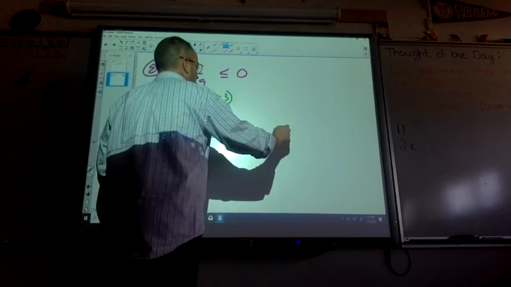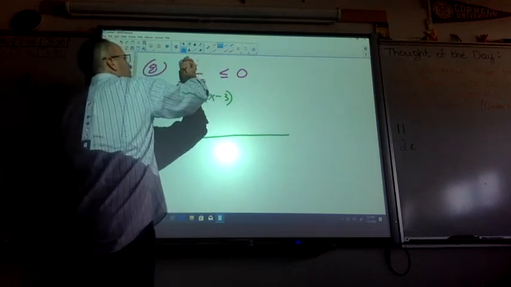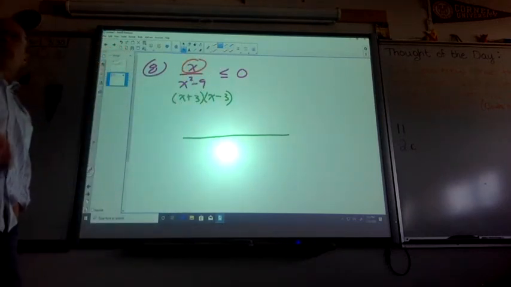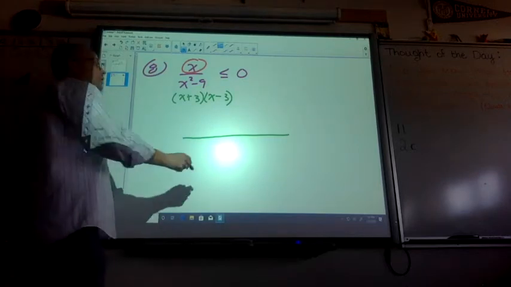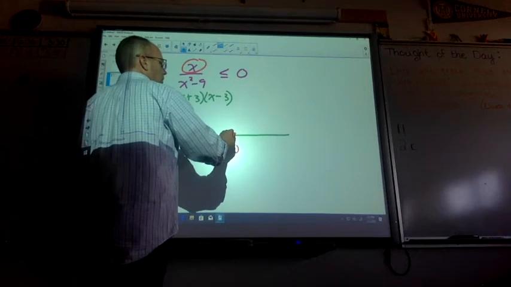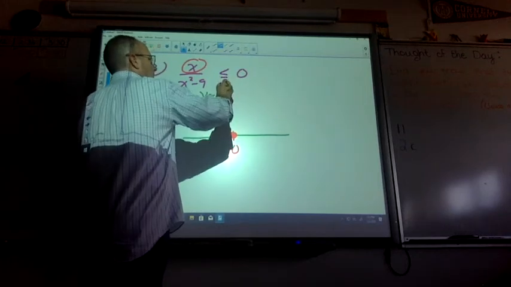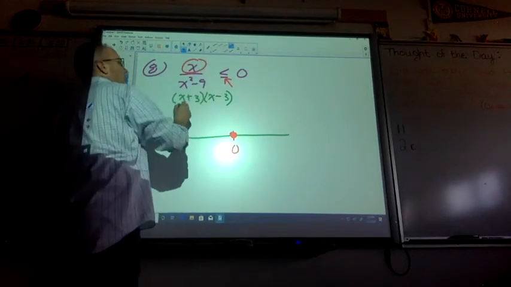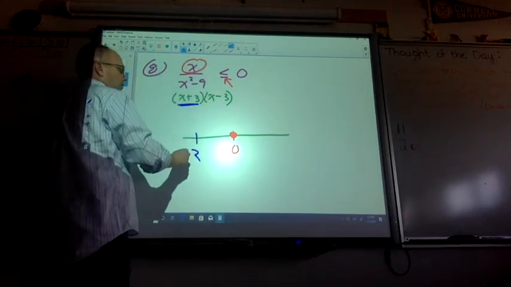If I draw a sign line, if I take into account this, if I make that 0, that makes the whole thing 0. Agreed? So we're going to put 0 as one of my key points, and I'll put a solid dot. The reason I'm putting a solid dot is because I have that equal sign right there. Is that all right so far? Then, because I can factor the denominator, this would yield me -3.